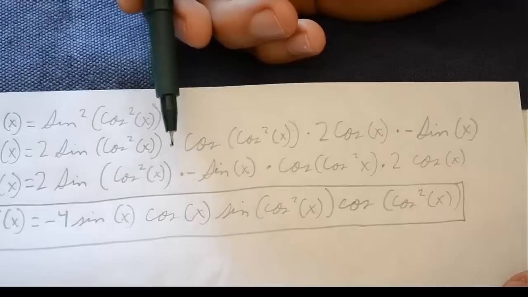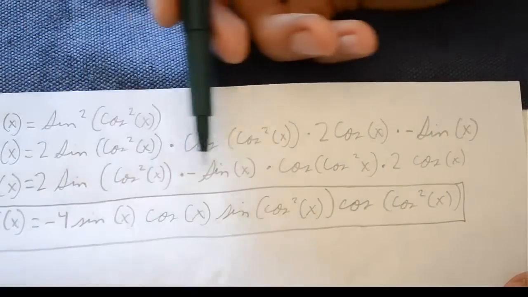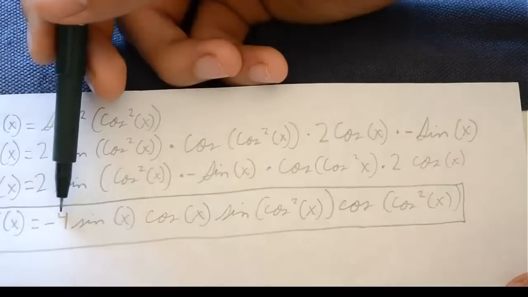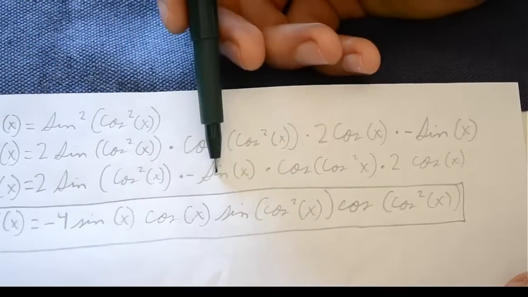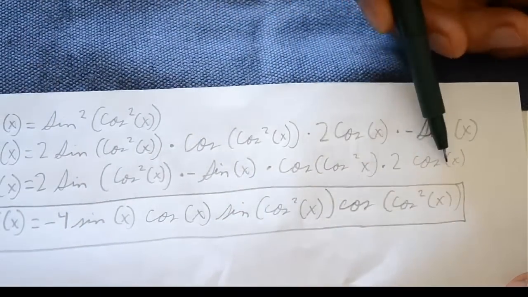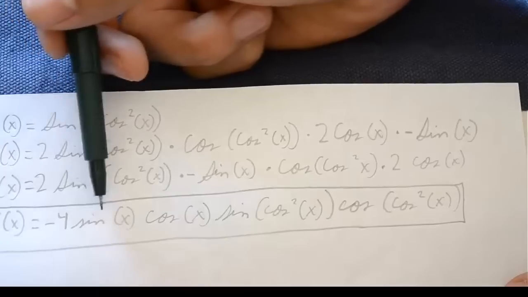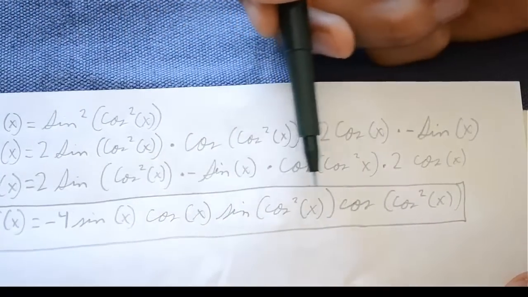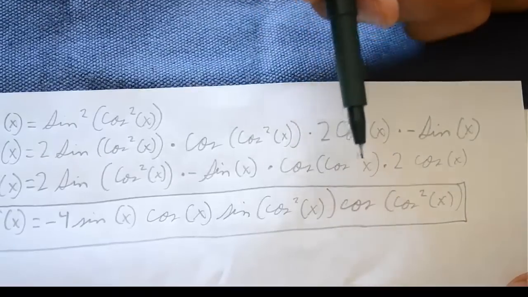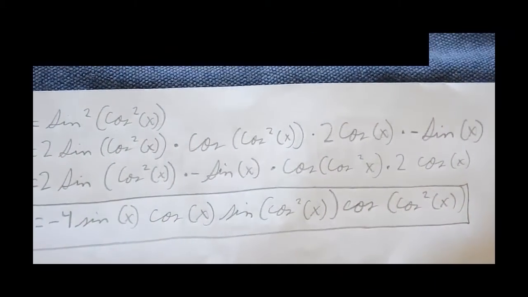So we just multiply the numbers, which would be 2 times 2 times negative 1 here. We got negative 4. And place the simplest functions first, which would be sine of x and cosine of x. So we put negative 4 times the sine of x times the cosine of x times the sine of the cosine squared of x times the cosine of the cosine squared of x. Thank you, Sebastian.